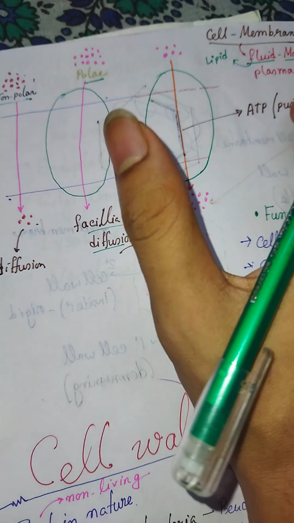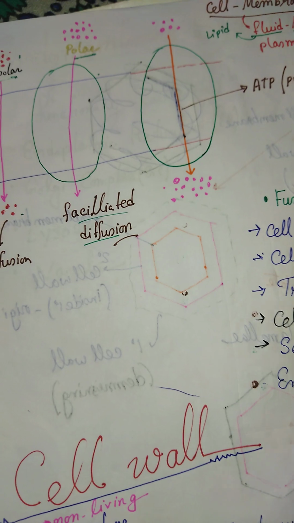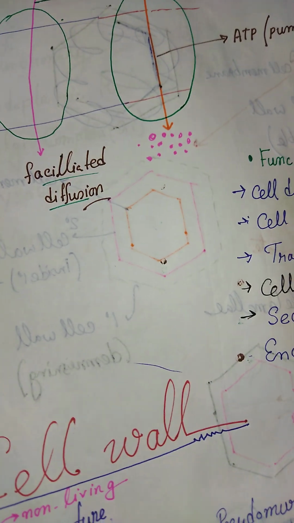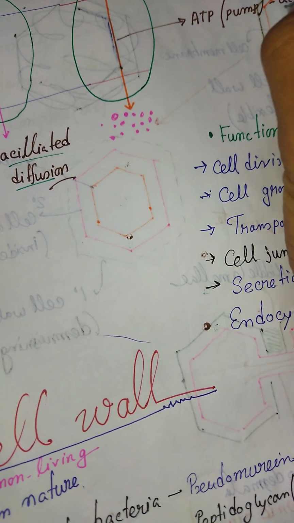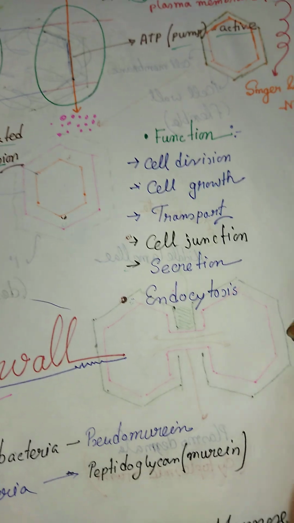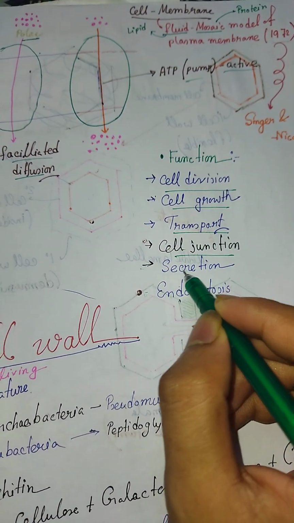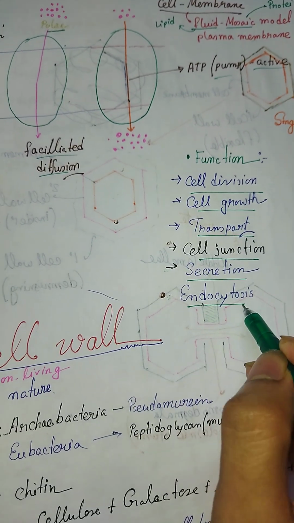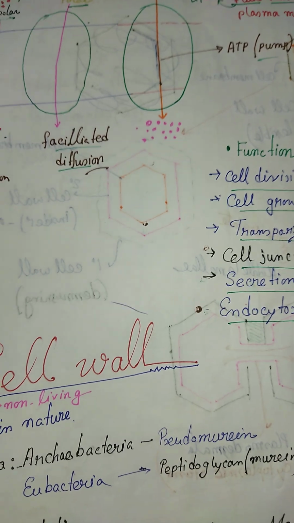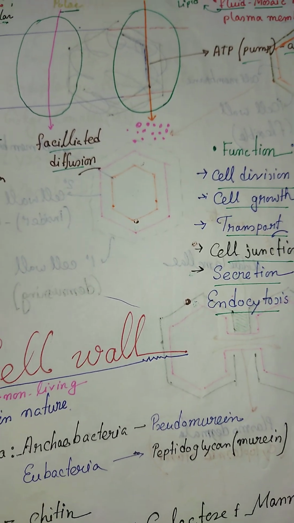But against the concentration gradient, from lower to higher concentration, active transport needs ATP, called a pump. The functions are cell division, cell growth, transport, cell junction, secretion, and exocytosis. Passive transport like diffusion and osmosis does not need energy, but active transport via pumps needs ATP.